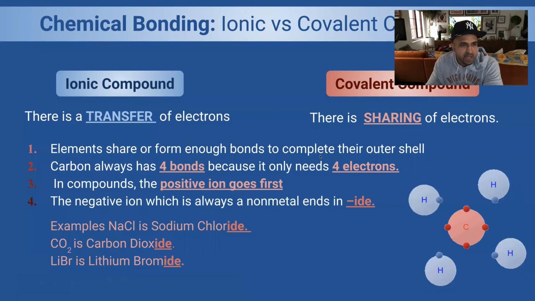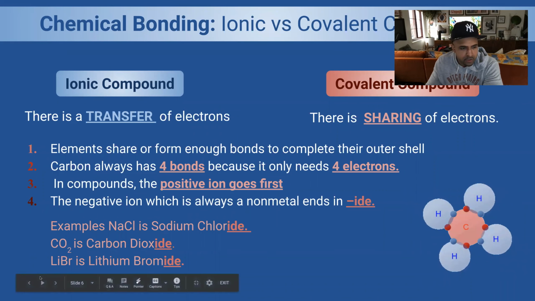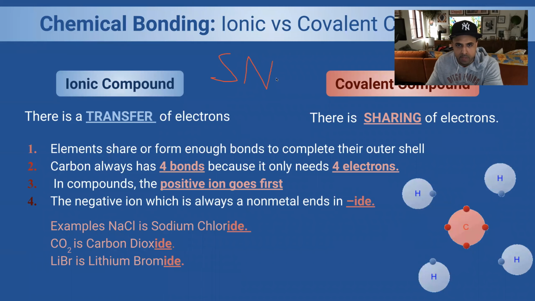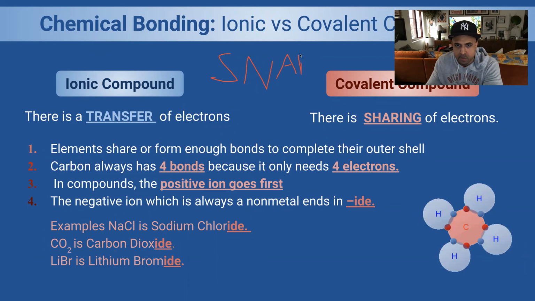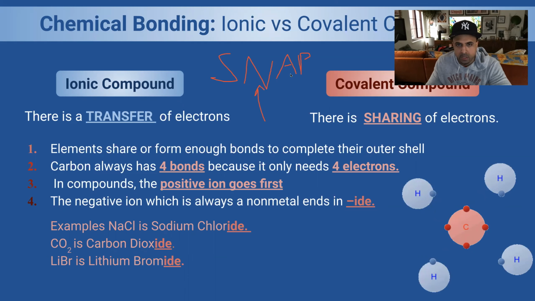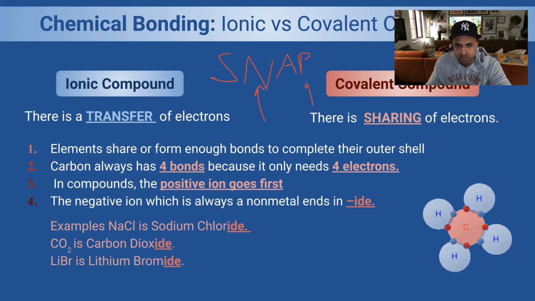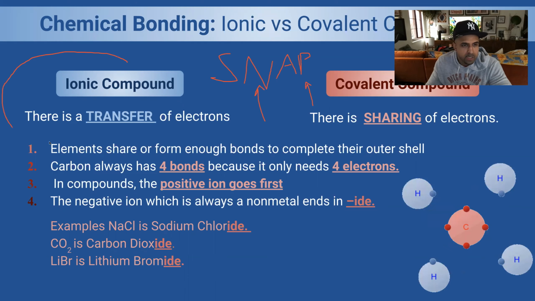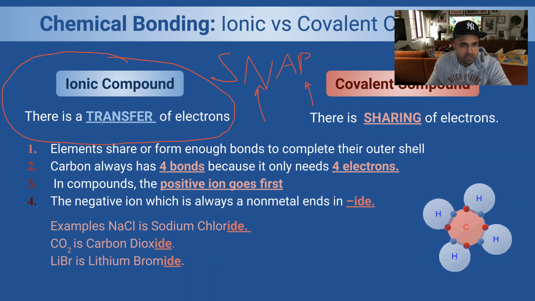Anyways, ionic compounds. Here's a new mnemonic. In the beginning, you had to memorize SNAP. Hopefully you remember what that was: symmetrical molecules are nonpolar, asymmetrical molecules are polar, in terms of the chart. Ionic compounds transfer electrons, covalent compounds share electrons.